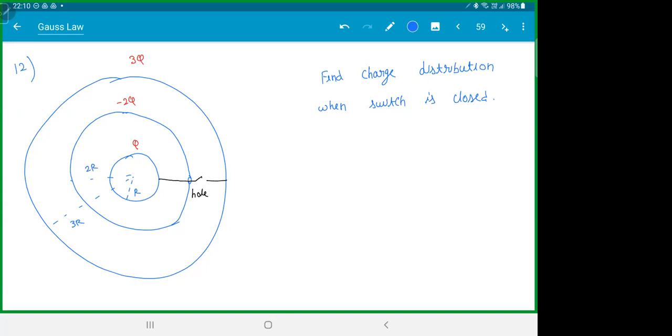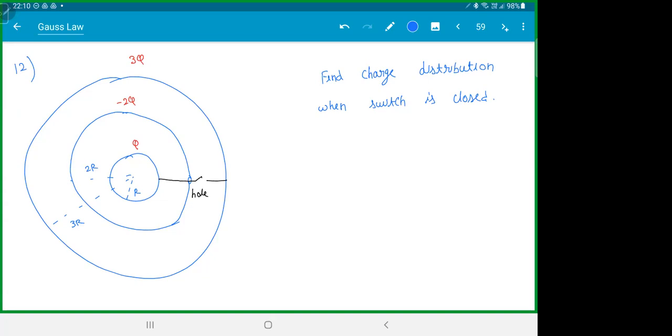This is kind of like the previous one, but there are three shells, R, 2R, 3R, with Q, minus 2Q, 3Q. You're connecting the inner and the outer shell through a wire passing through the middle shell. You're not touching the middle shell. Means charge can flow between 1 and 3. 2 is isolated. Try. This is a good one.